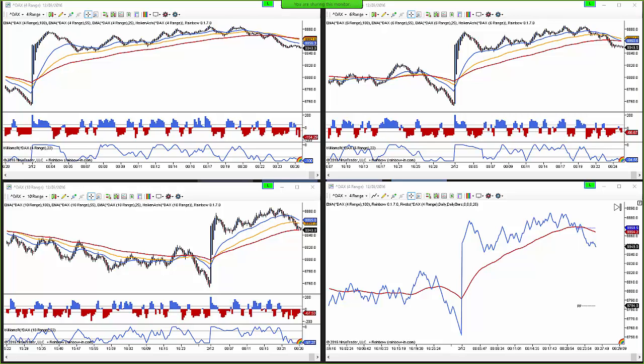Usually if I can pull about 20 points out of the trade, I'm pretty happy.